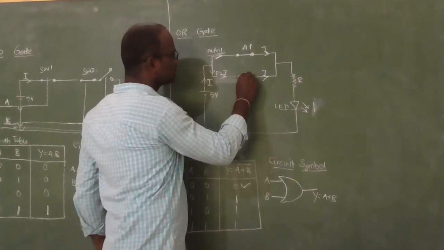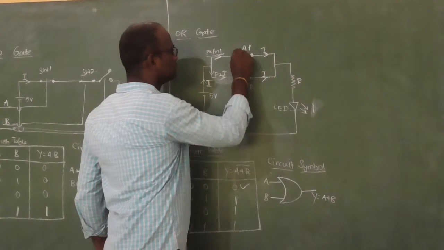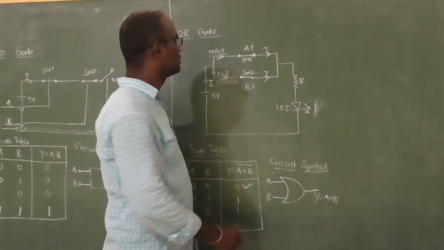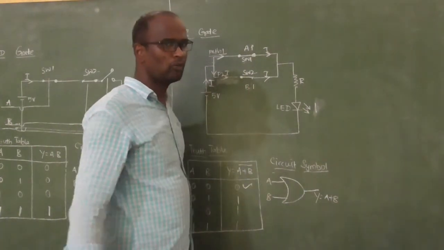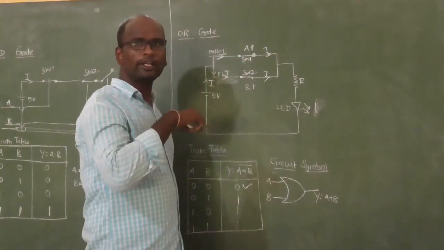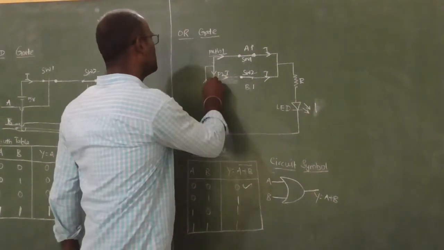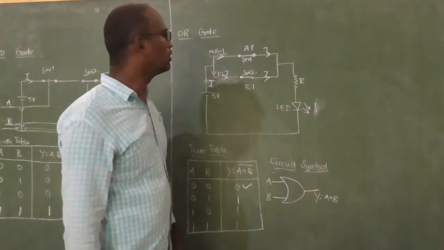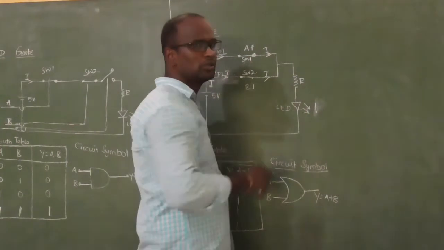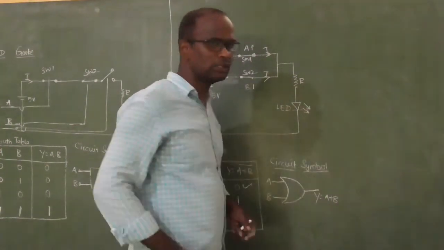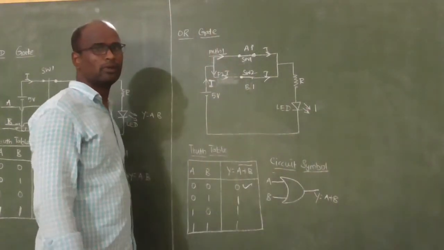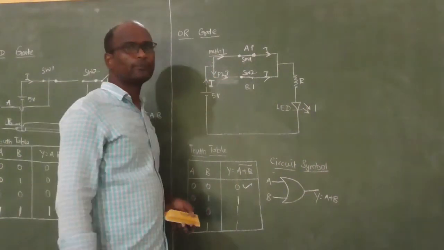Similarly, switch 2 is also in closed condition since we are applying logic 1 for B also. So both the closed paths are ready to conduct the current, so that the main current enters into the parallel combination to reach the output in both the paths. After reaching the output, the current is ready to glow the LED, so that we get the output as logic 1 according to the switching logic.